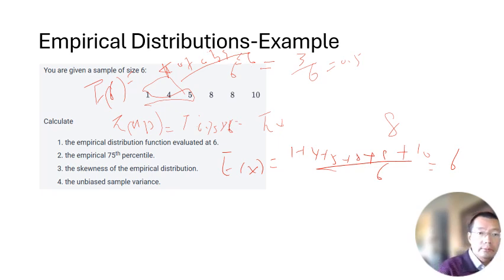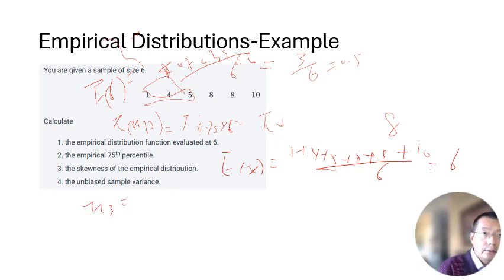Then we should also calculate the variance. Let's just calculate the skewness first. Let's just calculate the mu3 first. Where's my pen? Here.